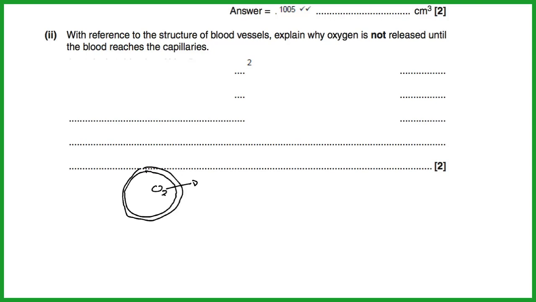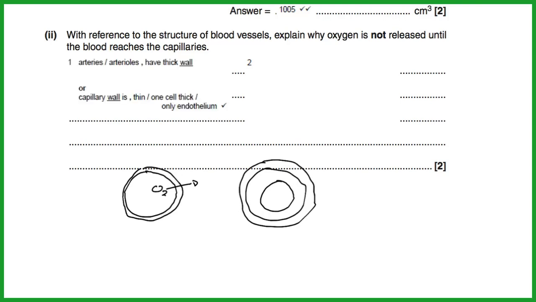But with an artery and an arteriole, you've got a tunica intima, then a tunica media, and then a tunica externa. So you've got a much thicker wall with a much greater distance for diffusion. So the answer wanted you to refer to the structure of the blood vessels, saying that the arteries and arterioles have a thick wall in comparison to the much thinner wall, only 1 cell thick, of the capillary.